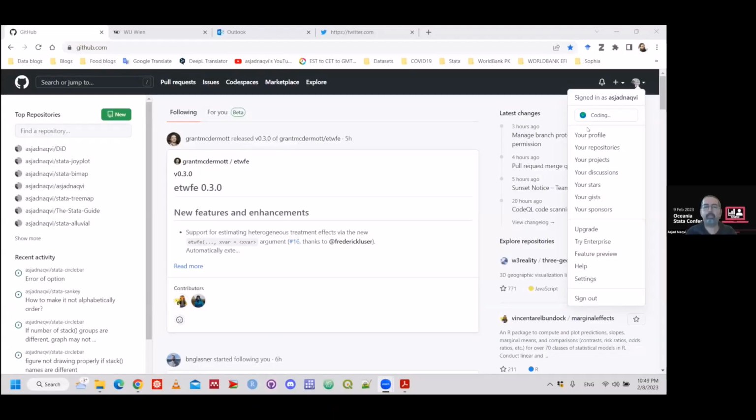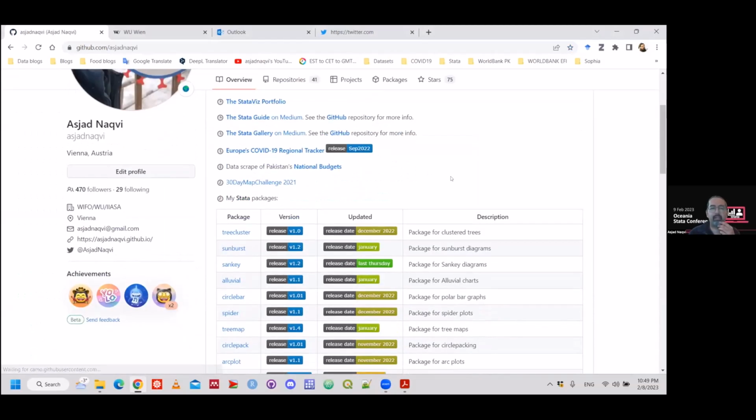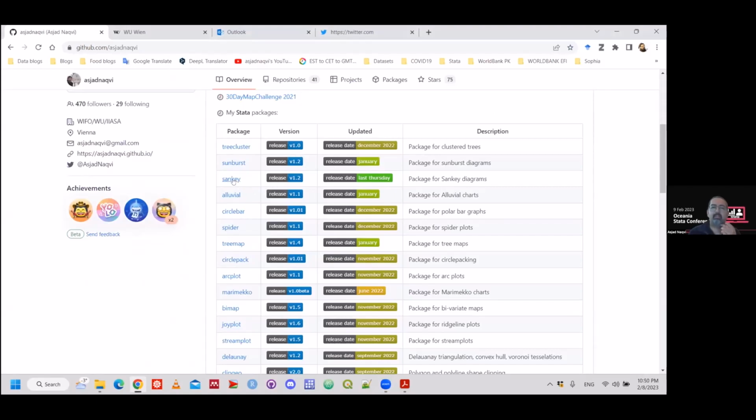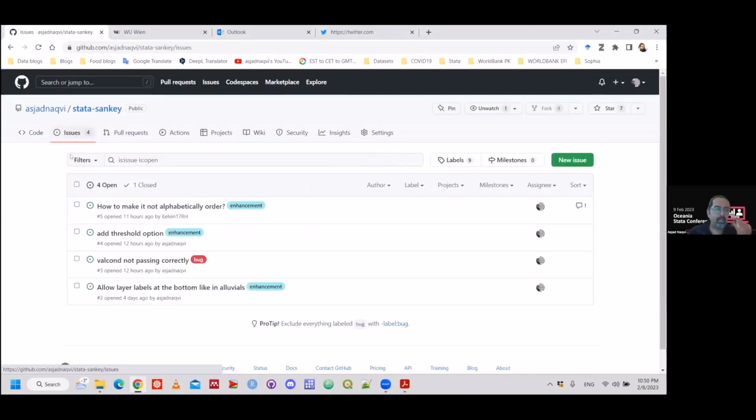If you go on my GitHub page, you have all these packages. So you can click on Sankey, for example, and then you can see there are 4 issues open. I opened some, other people opened some, and there you just click on new issue and say, this is the problem I'm facing. So this is the best way to get stuff done, because this is all the stuff that needs to be fixed for the next release.